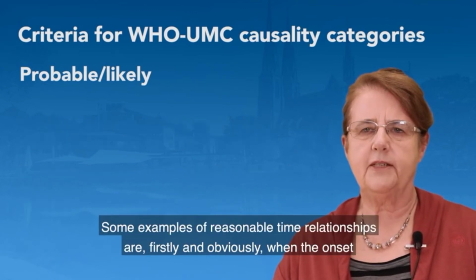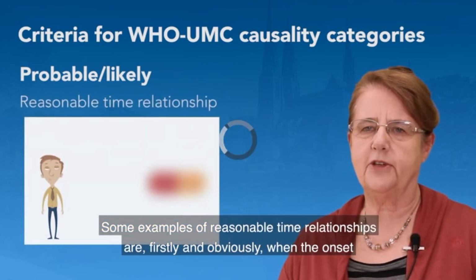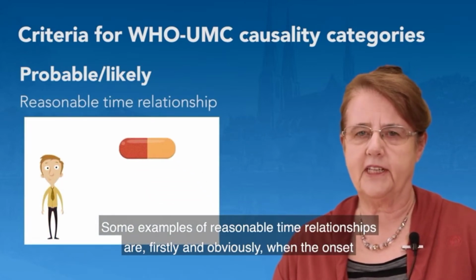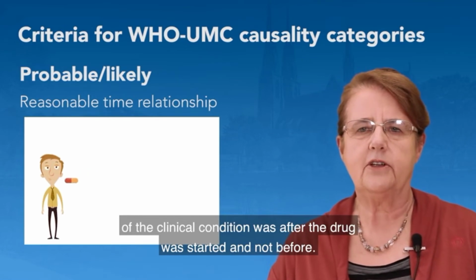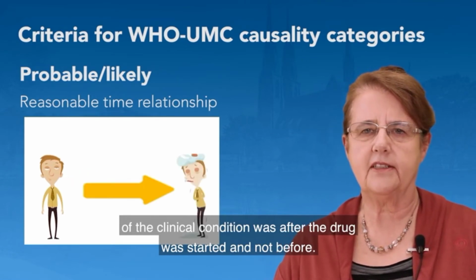Some examples of reasonable time relationships are firstly, and obviously, when the onset of the clinical condition was after the drug was started and not before.